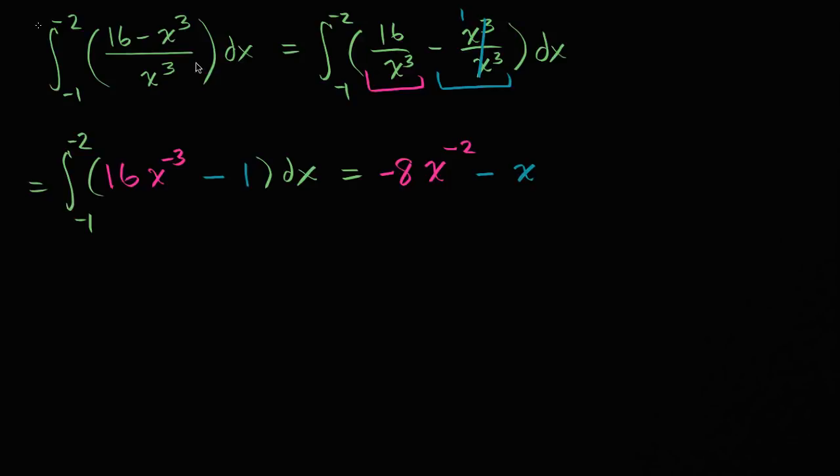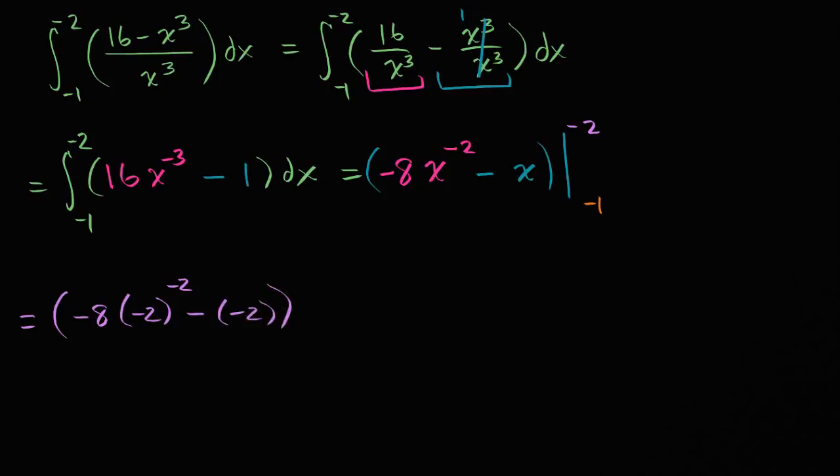And so now we want to evaluate that at the bounds and take the difference. So we're going to evaluate that at -1 and then subtract from that this evaluated at -2. Let me do those in two different colors just so we can see what's going on. So let's first evaluate it at -1: -8 times (-1)^-2 minus (-1).